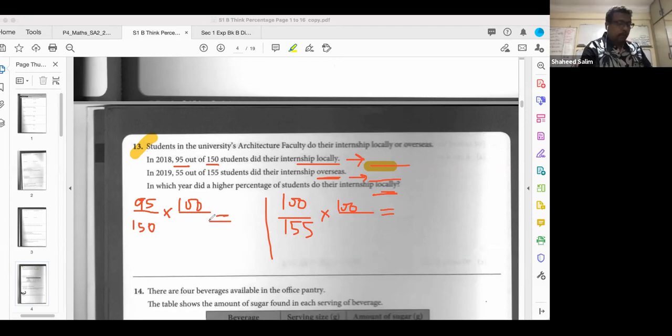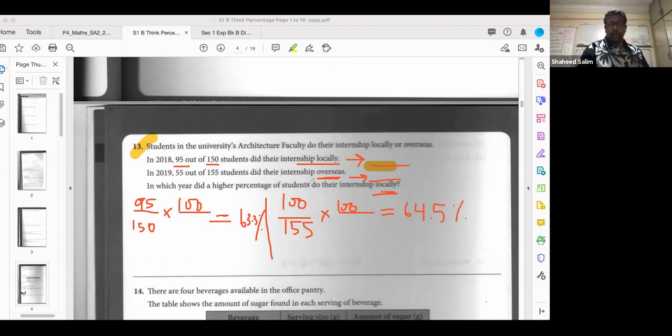This one, 95 divided by 150, is 63.3%. The other one is 64.5%.